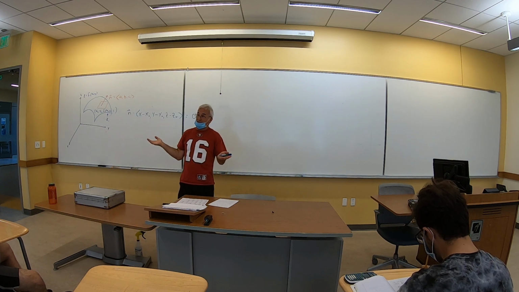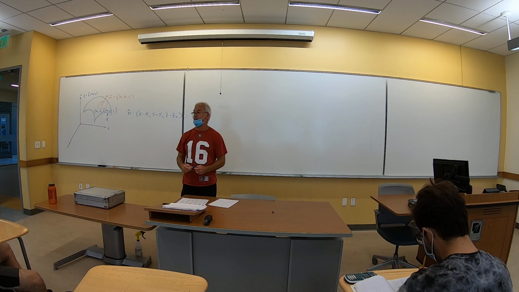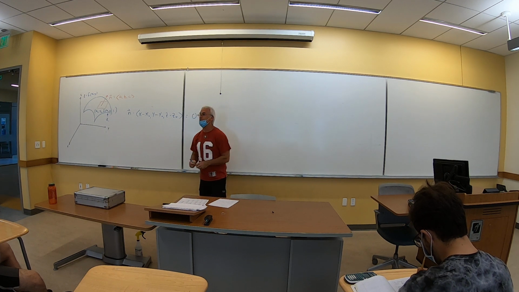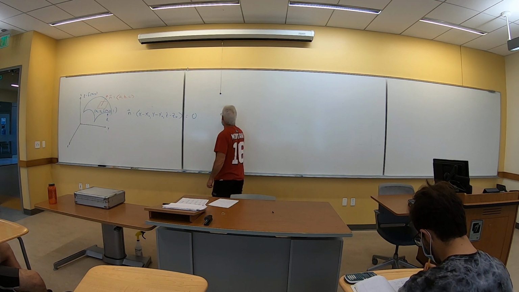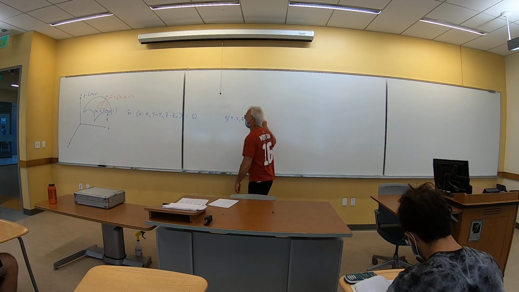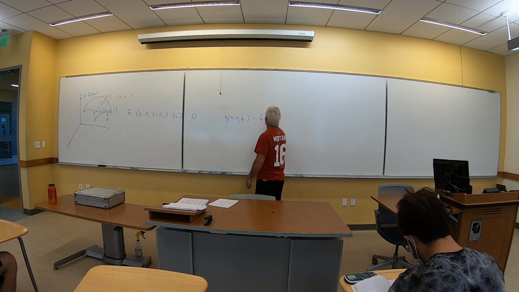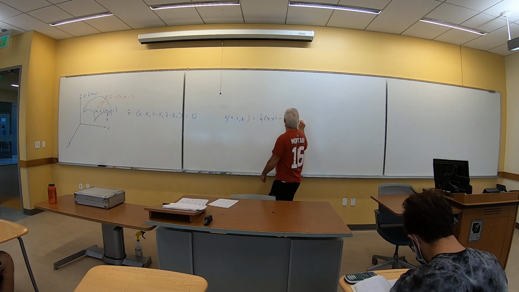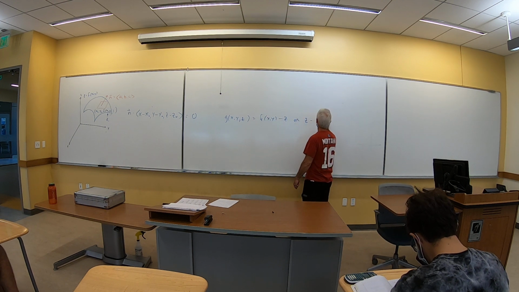I need to create something that I can take the gradient of. So we're going to create a new function. We'll call it g of x, y, z, and it's going to be z minus f of x, y.